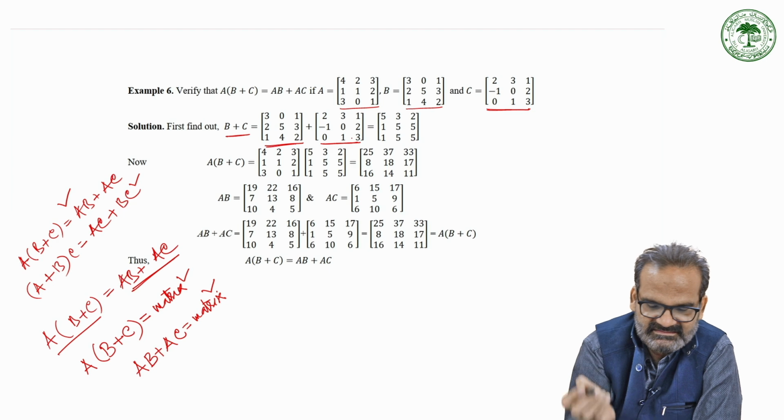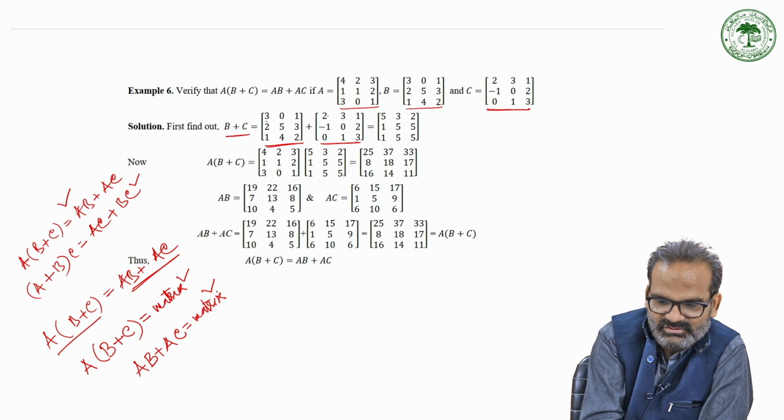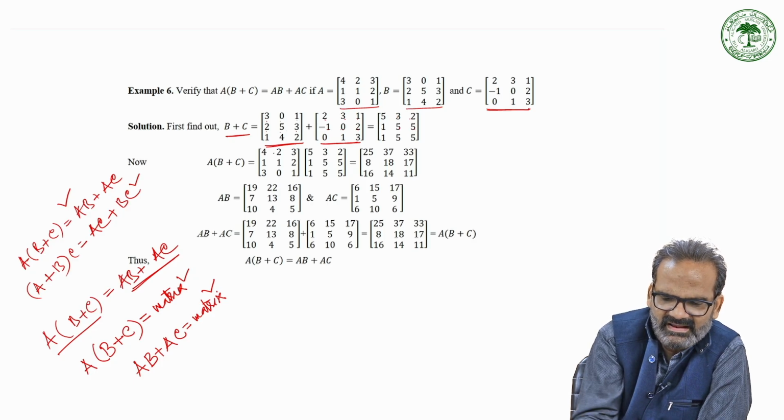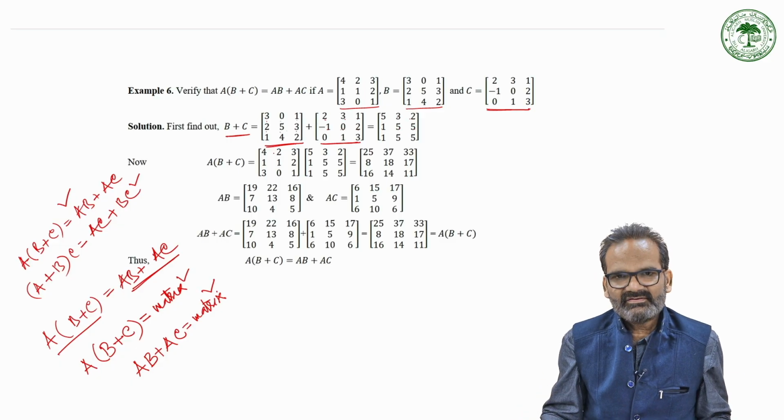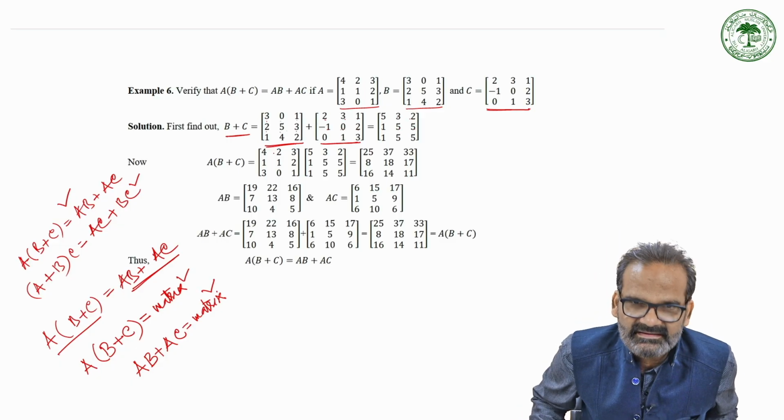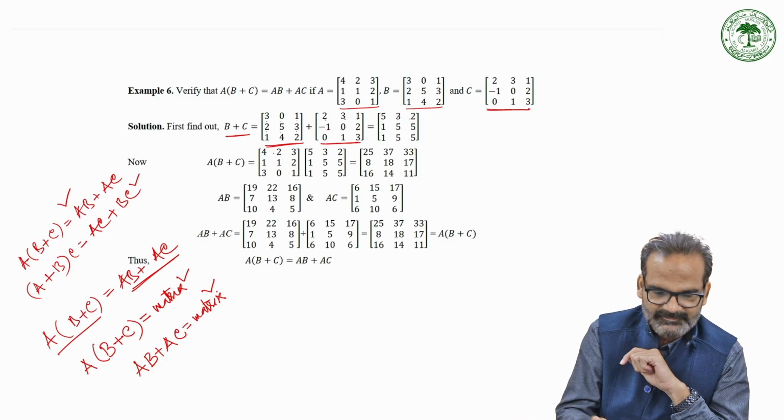So 3 is added to 2 as 5, 0 is added to 3 as 3, 1 is added to 1 as 2. Likewise, second row: 2 added to minus 1, 2 minus 1 is 1, 5 added to 0, 5 plus 0 is 5, 3 added to 2, 3 plus 2 is 5. Likewise, the third row.